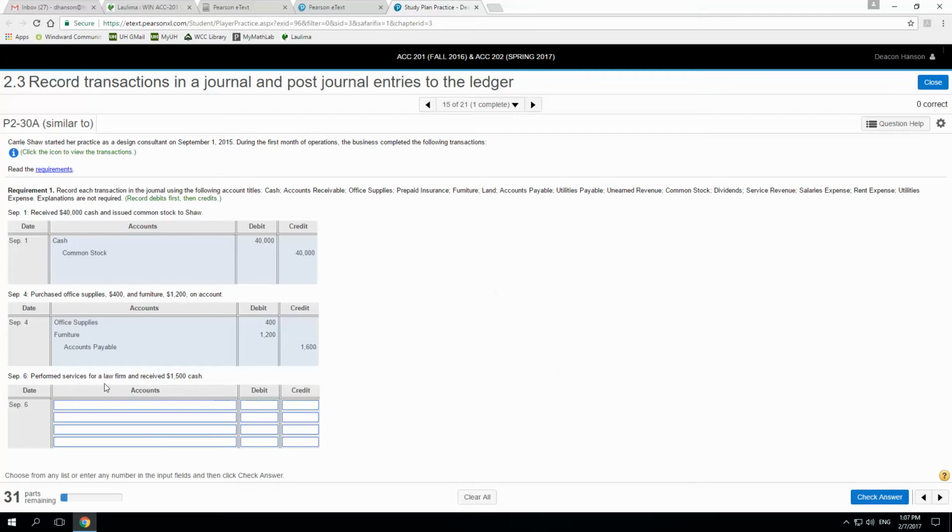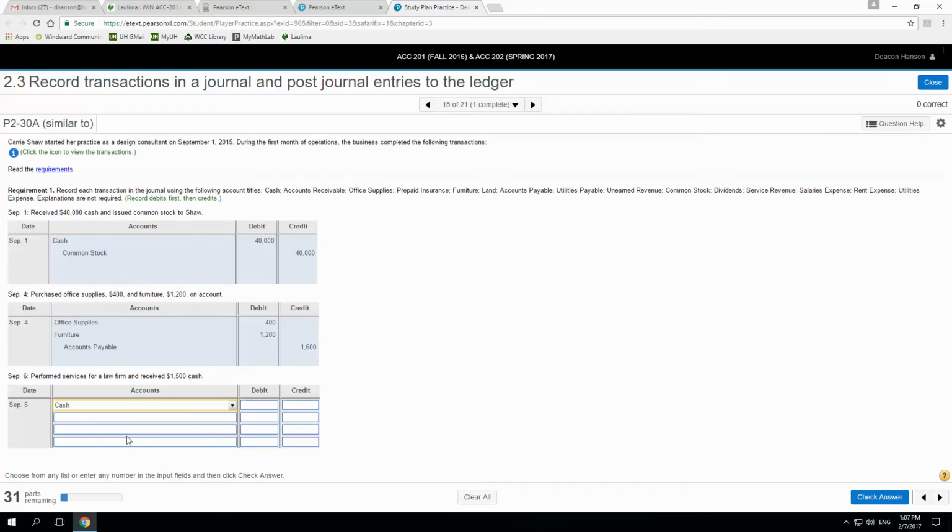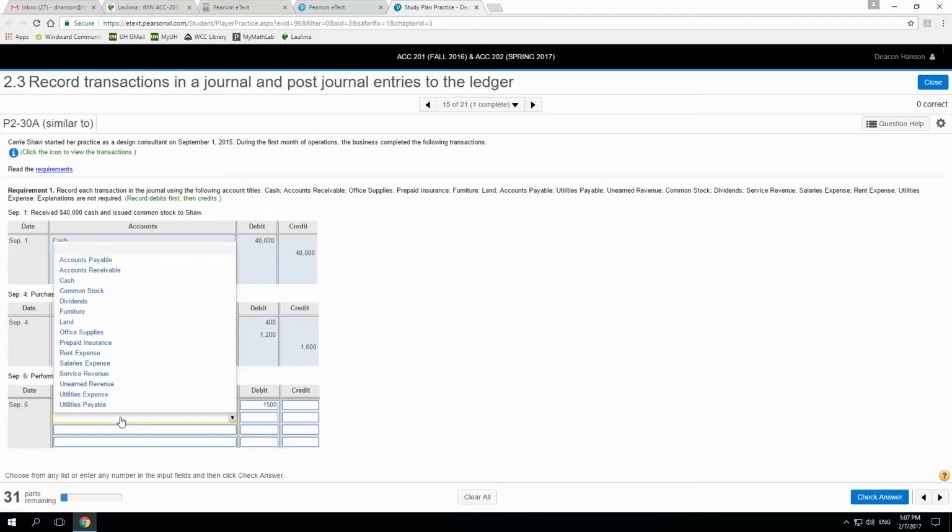Now on the 6th, we perform services for a law firm and receive 1,500 in cash. Well, when you hear the word receive cash, you know the cash account is increasing, so that will be a debit to cash, 1,500. And then this company is a service business.